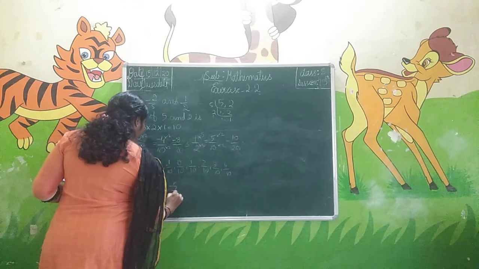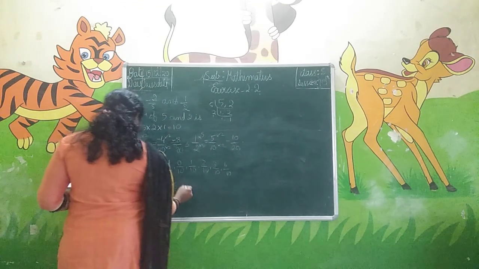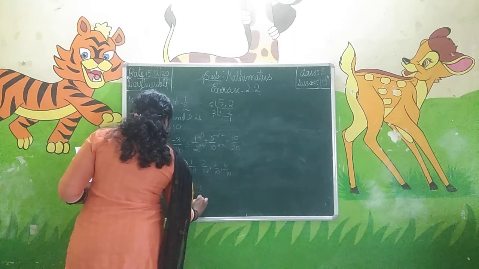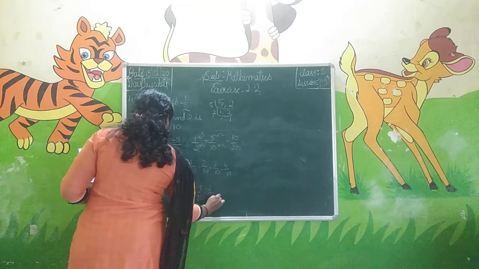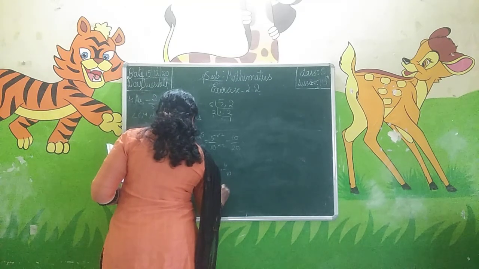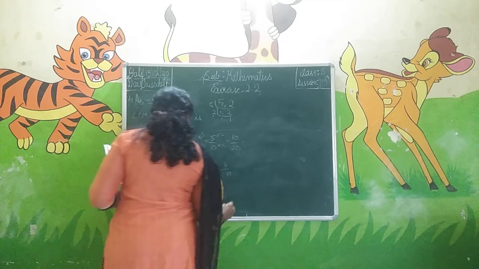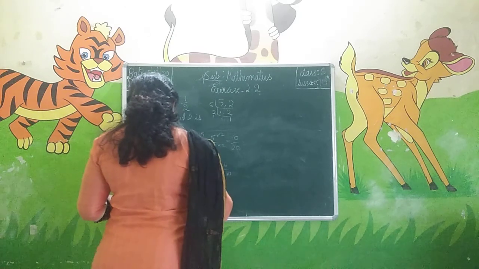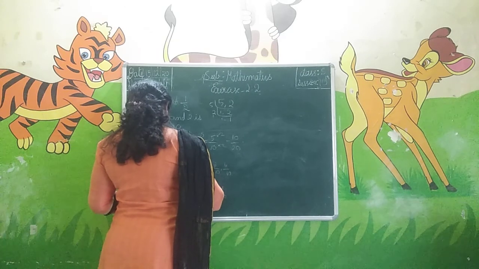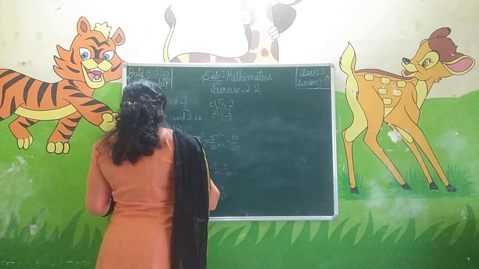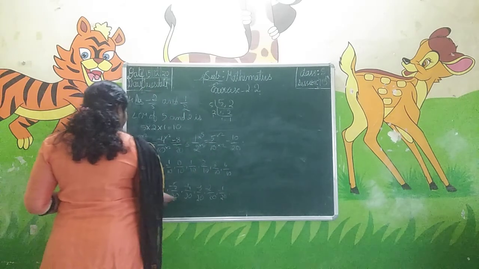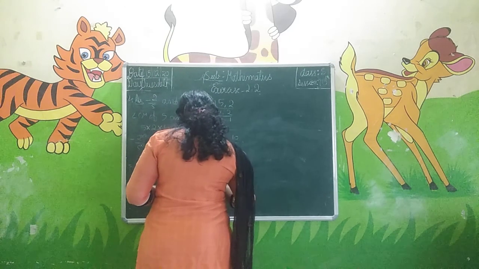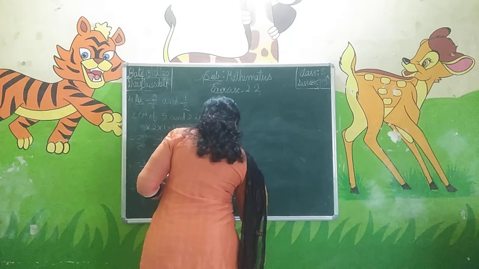Minus 5 by 20, comma minus 4 by 20, minus 3 by 20, minus 2 by 20, comma minus 1 by 20, and 0 by 20, 1 by 20, comma 2 by 20.